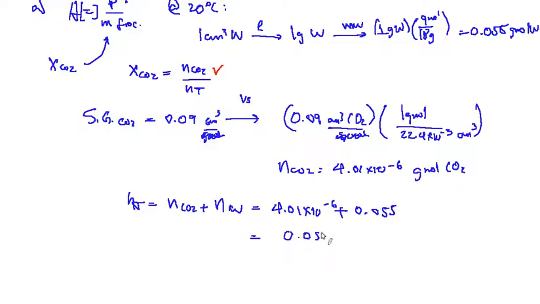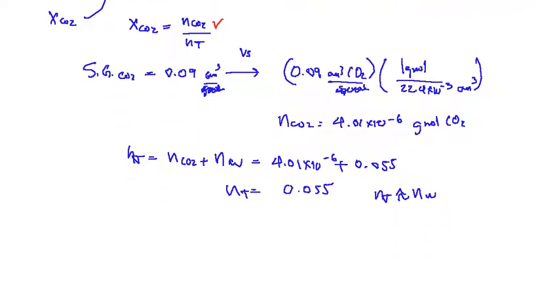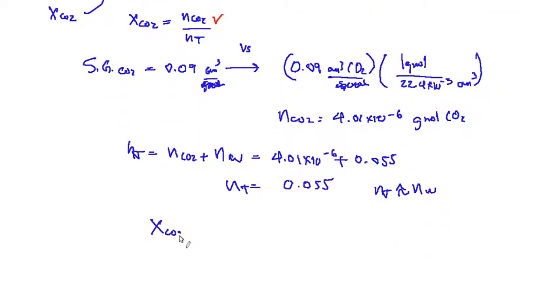You can do this operation and you will get this. So the total moles is approximately the moles of water. So let's find X CO2, which is N CO2 divided by N total, 4.01 times 10 to the minus 6 divided by N total, which is this number.